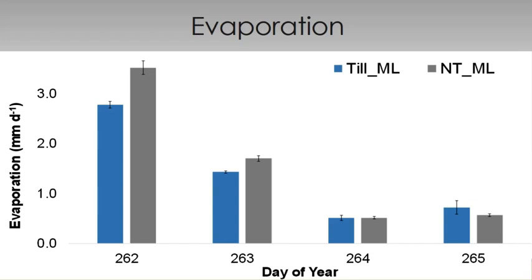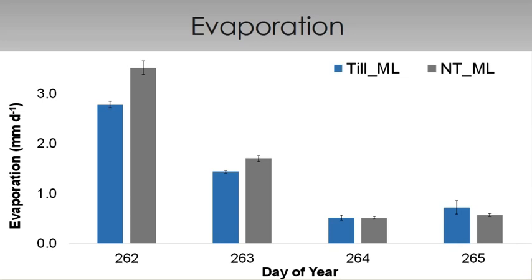And as you see in our net radiation and soil heat flux measurements during period 2, the higher soil heat flux at the till soil caused less energy available to be partitioned to sensible and latent heat fluxes.